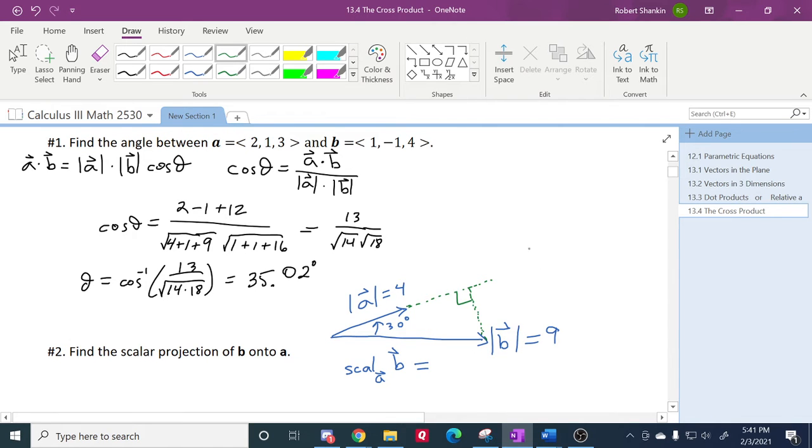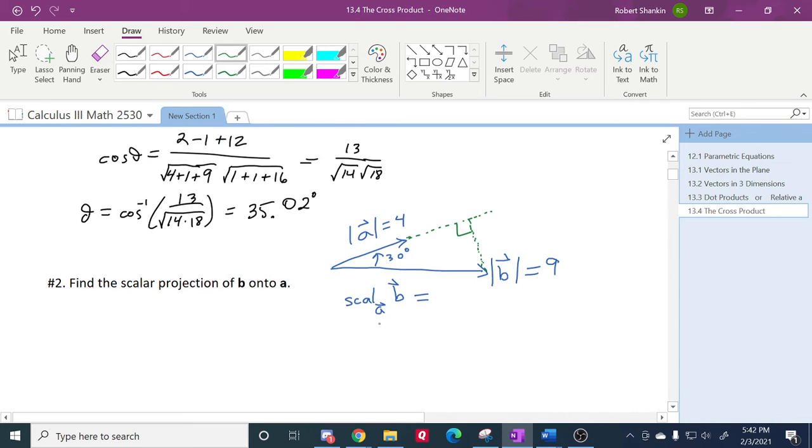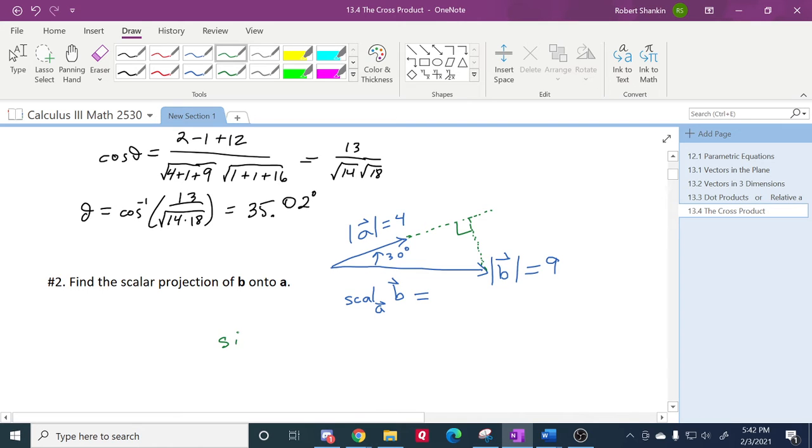Looking at it again, let's put this 9. You can just say what trig function you want to do. If you do the sine of 30 degrees, that's opposite over the hypotenuse.